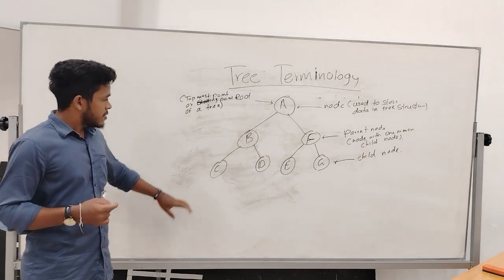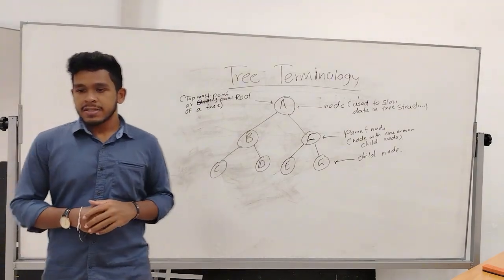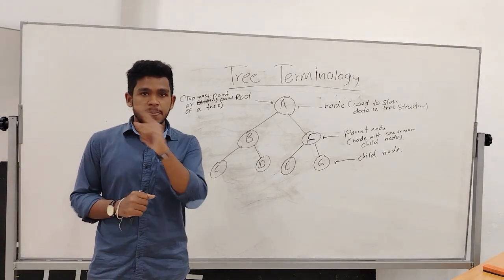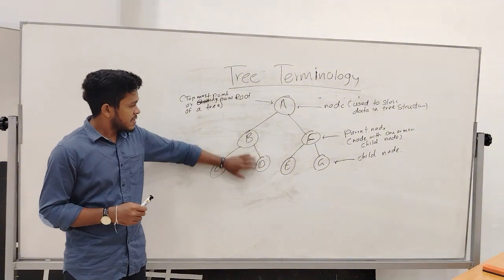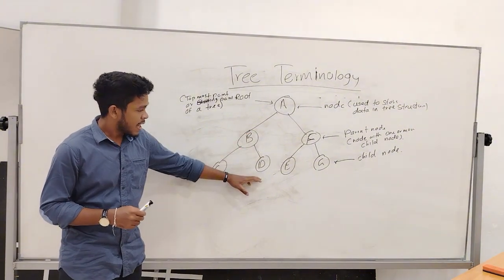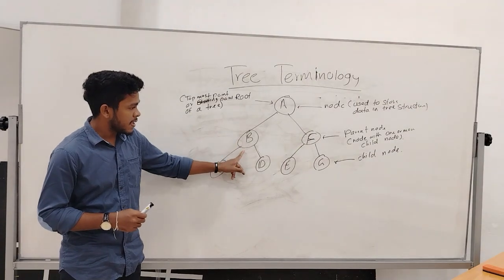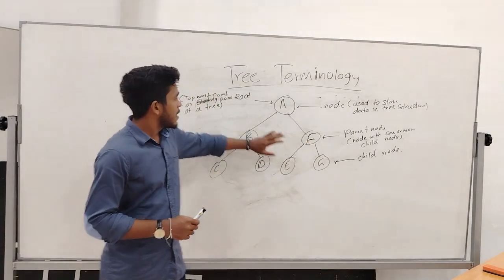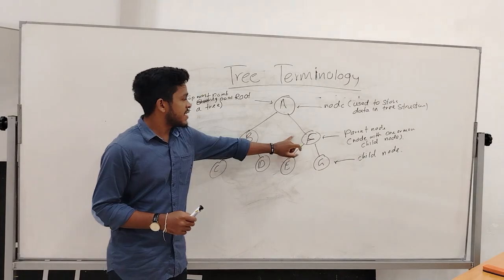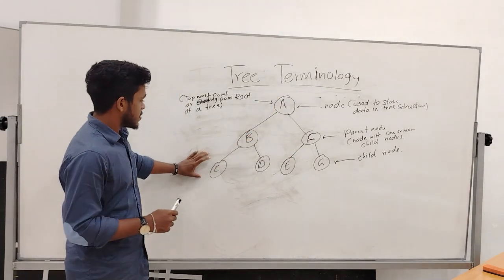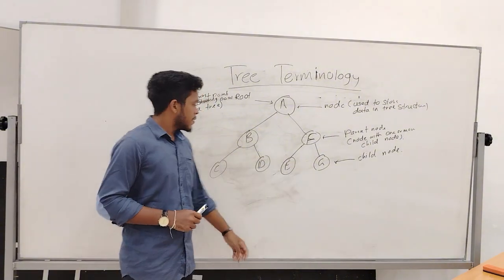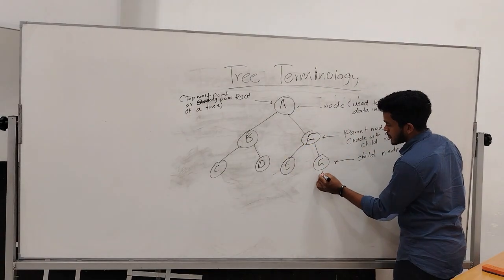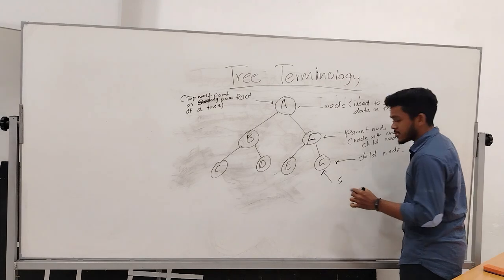Nodes that share the same parent. C and D are nodes that share the same parent B. And E and G are nodes that share the same parent F. B and F are nodes that share the same parent A. These nodes are called sibling nodes.